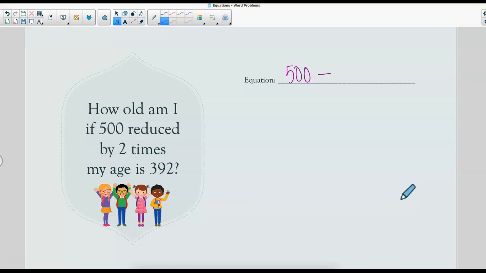Do we know my age yet? No, so 2x is 392. Okay, there's my equation. X equals the age. So if I solve this equation, I'll know how old I am.